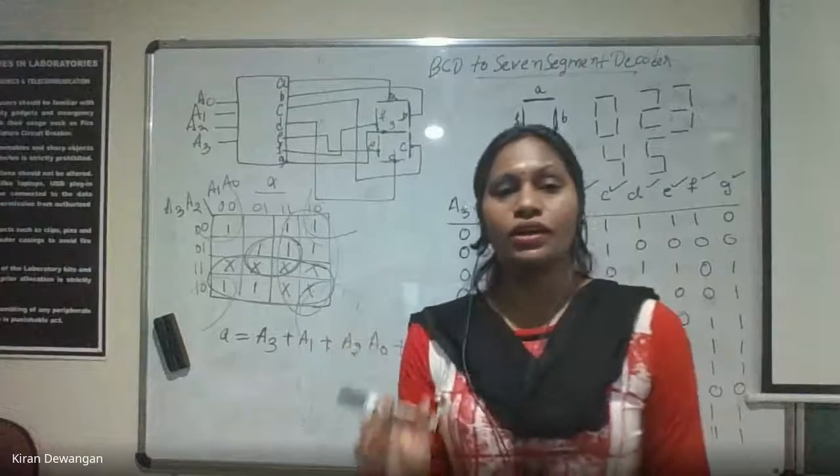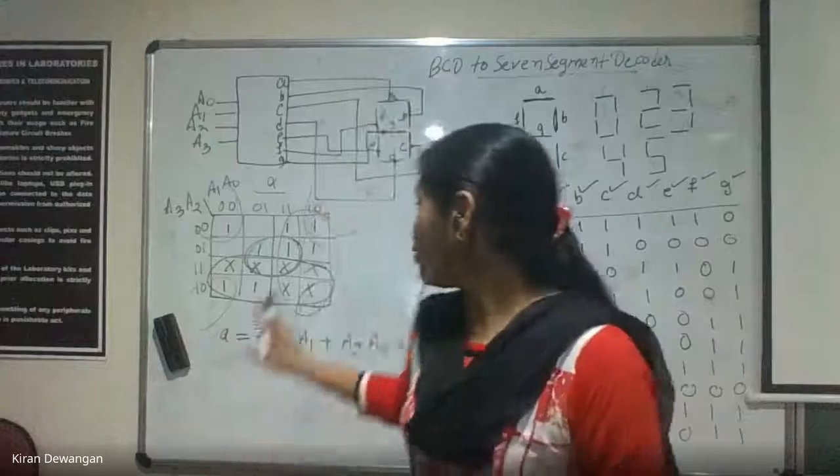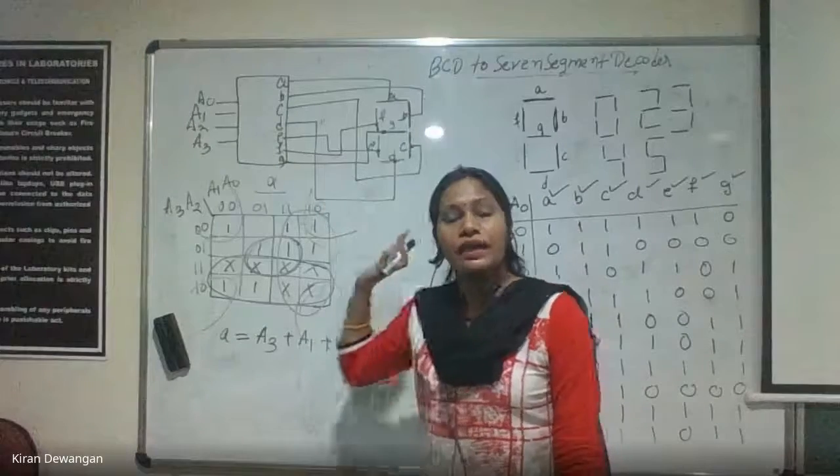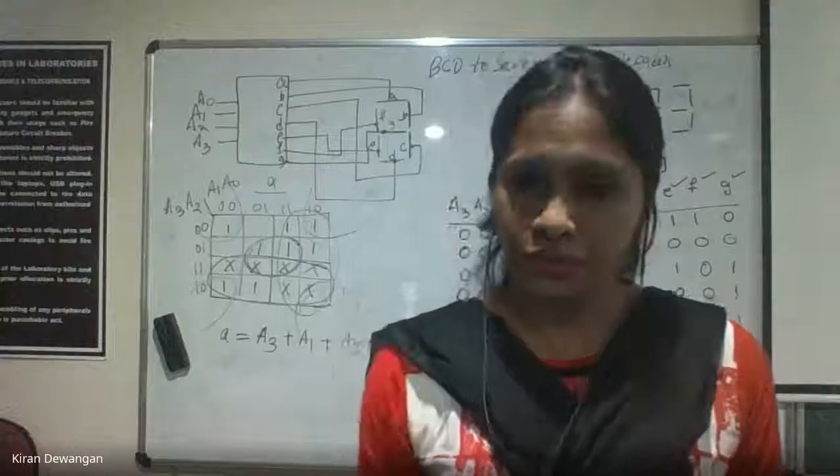So you'll be getting in total 7 expressions by making use of K-map. And in all the expressions, 10 to 15 will be your don't cares.